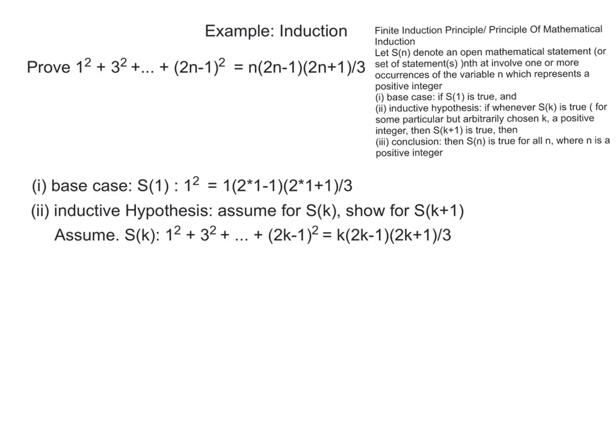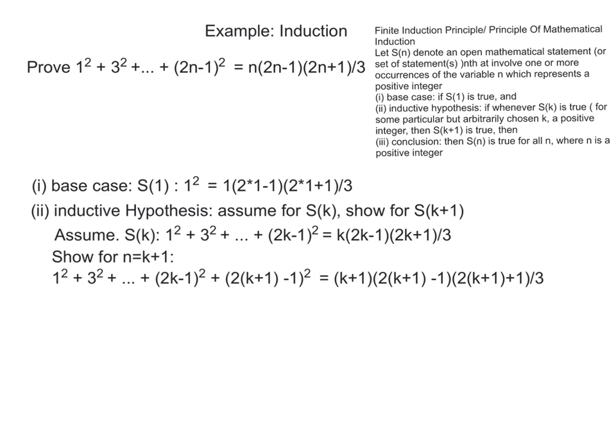So I added in my squared term there. My next step is to show it for k plus 1. So I wrote this out: 1 squared plus 3 squared, up to the kth term, and you'll see why in a minute, and then I wrote my k plus 1 term. So I plugged in n equals k plus 1, squared, equals, and then on the right-hand side, I plug in k plus 1 for each n: (k plus 1) times (2(k plus 1) minus 1) times (2(k plus 1) plus 1), divided by 3.